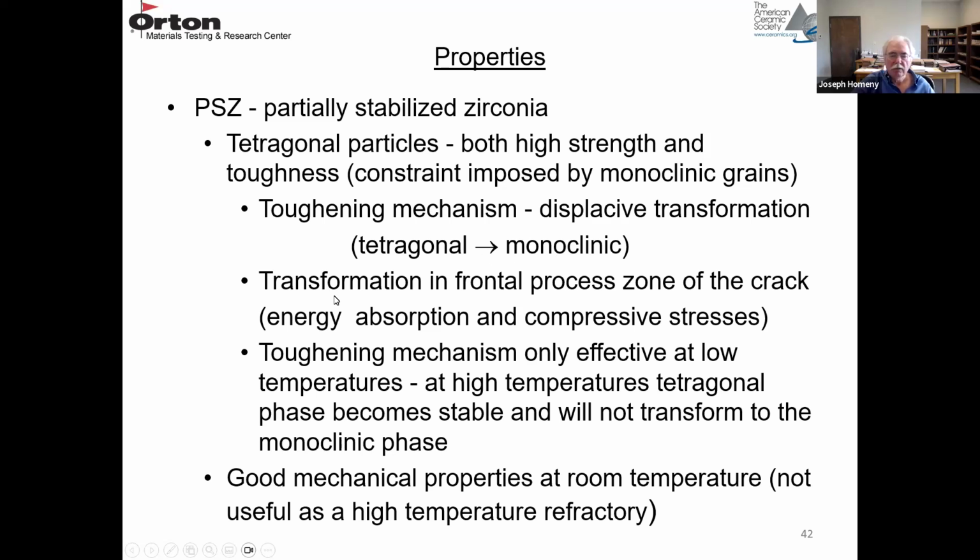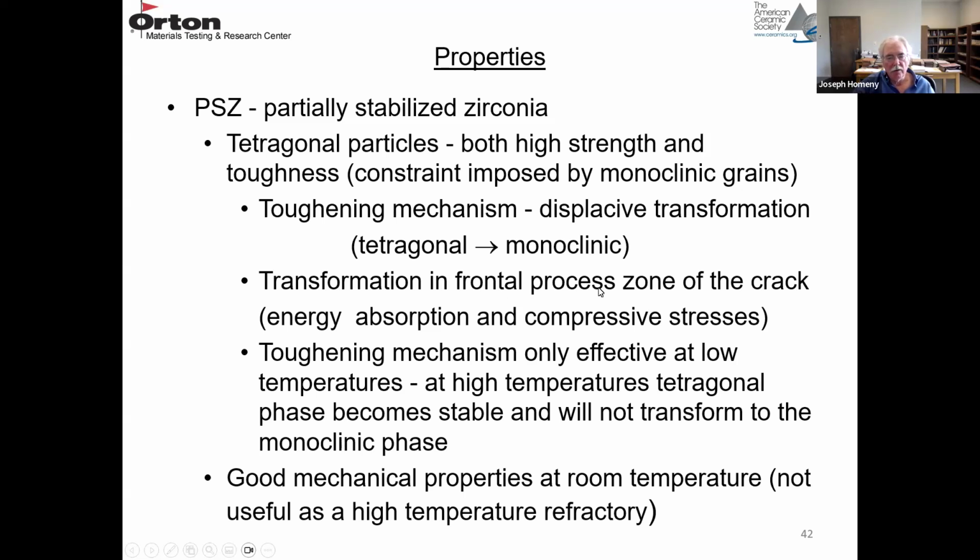So when a crack moves through a material during the fracture process, it has a frontal process zone. That's an area at the crack tip that's highly stressed. It also has a process zone in the wake of the crack behind the tip. But in this case, the frontal process zone is the most important. So at the tip of the crack, it's highly stressed.